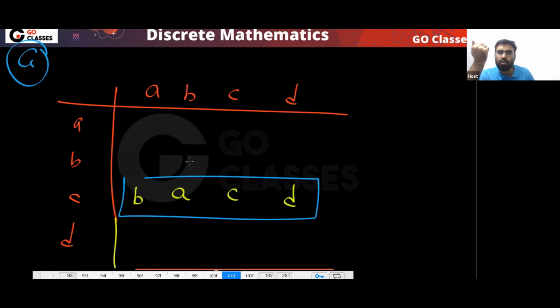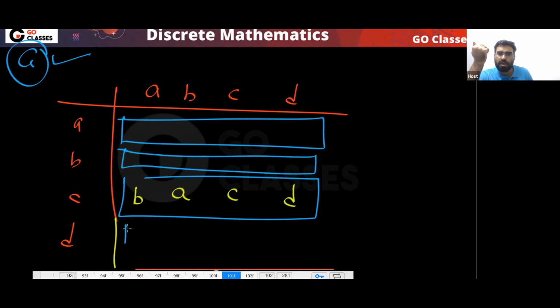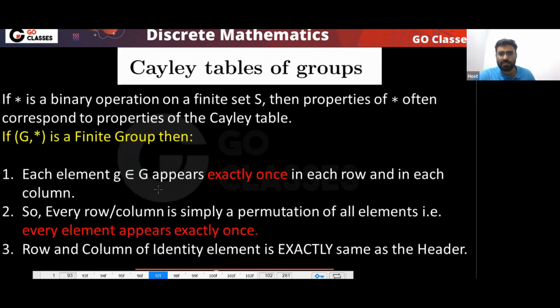So in every row, every element of G will be present exactly once. In every column also, every element of G will be present exactly once. So these are the properties. Are these three properties clear? Every element will appear exactly once, not less than one, not more than one, in each row and in each column.